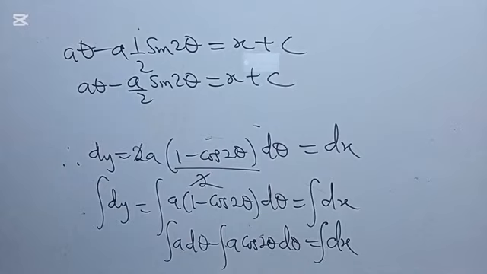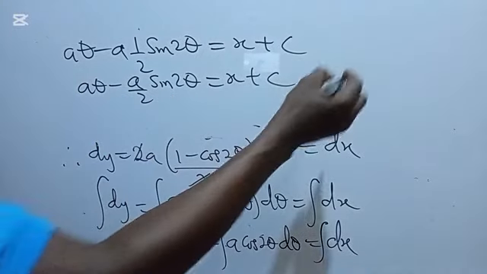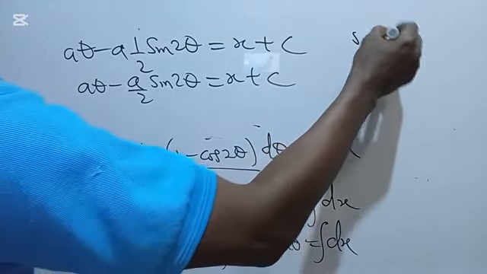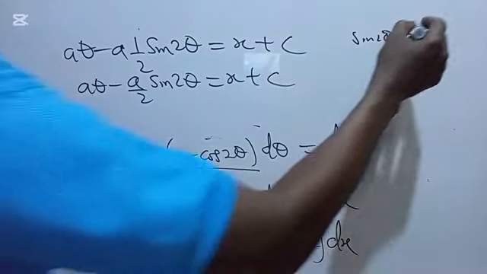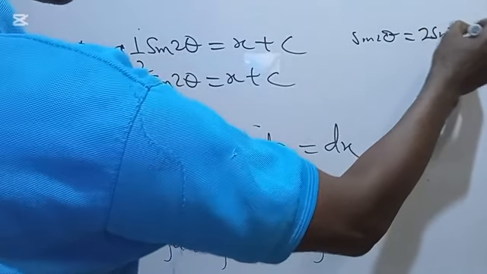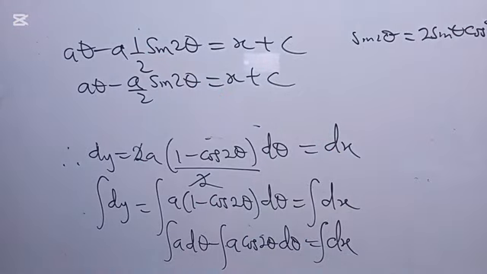Now we can do some calculations here. Recall that sine 2 theta is 2 sine theta cos theta. I hope that is clear.